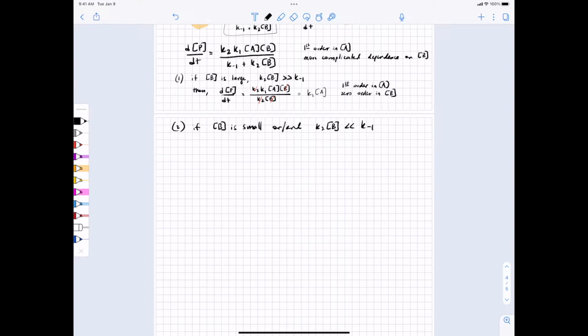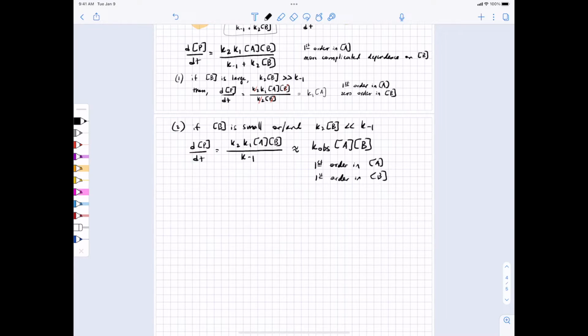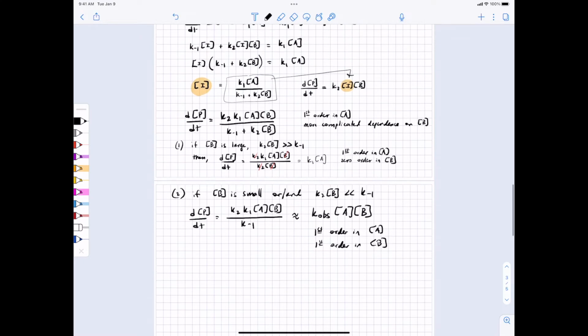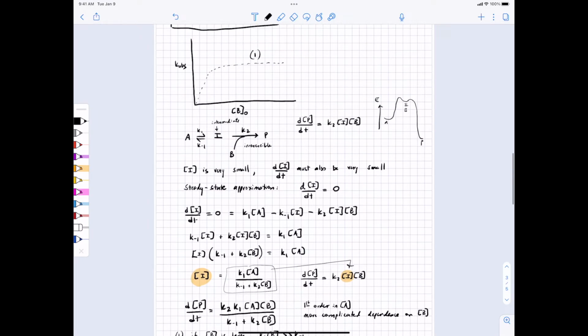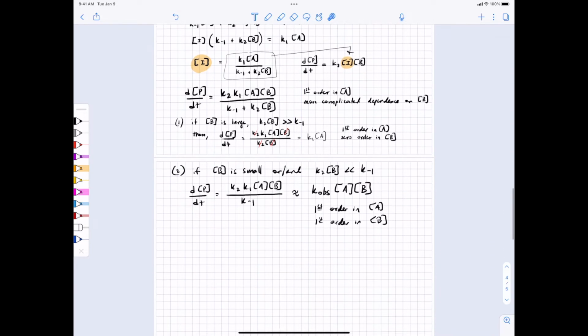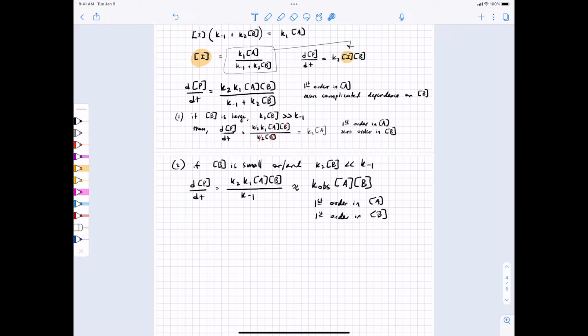Under those conditions, you can approximate the rate law as the following: k2 k1 A B divided by k-1, which would be basically the same as an observed rate constant times A times B. So under those conditions, we would see that the reaction is first order in A, and also first order in B. You can see that this situation would be in the linear regime, where increasing the concentration of B increases the rate linearly.